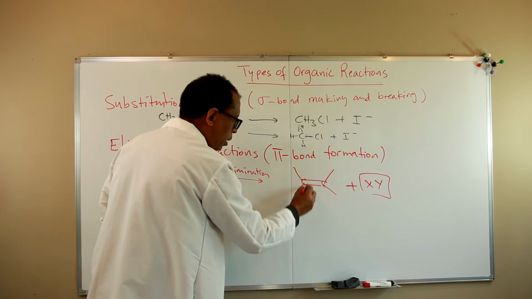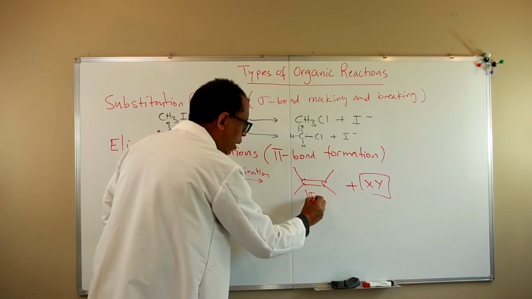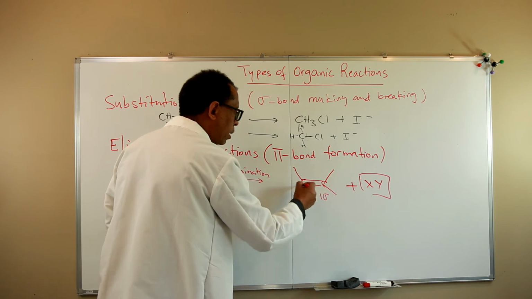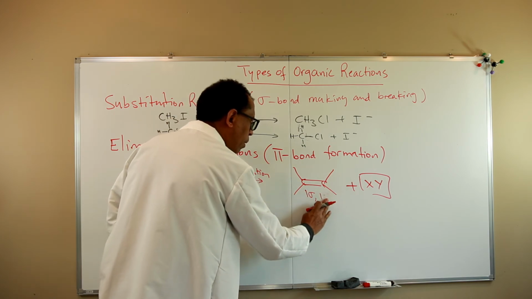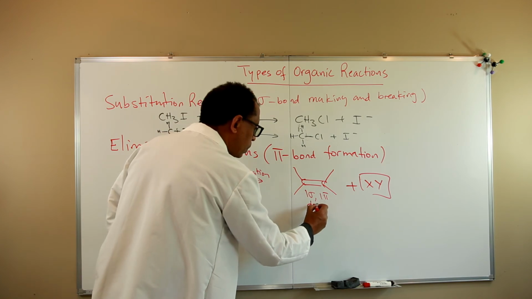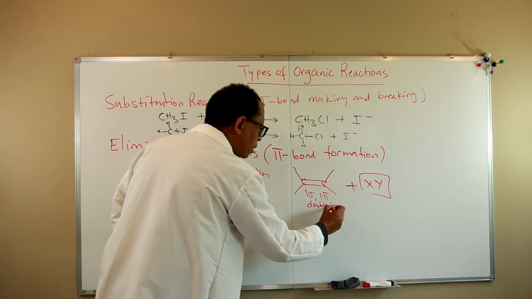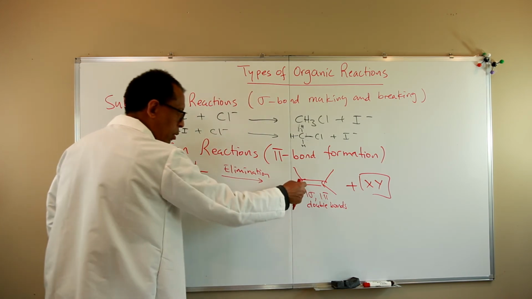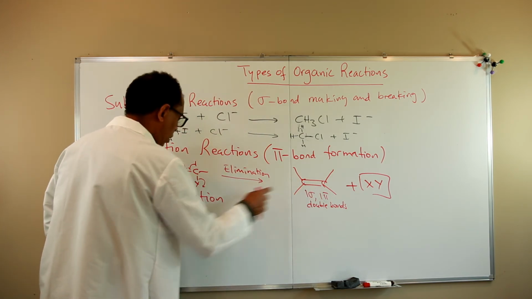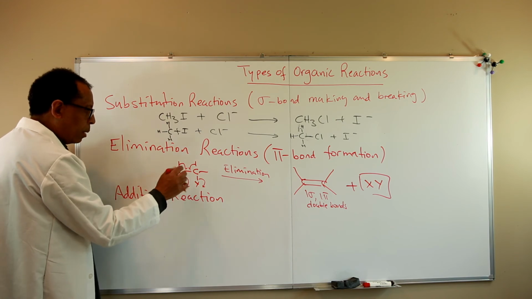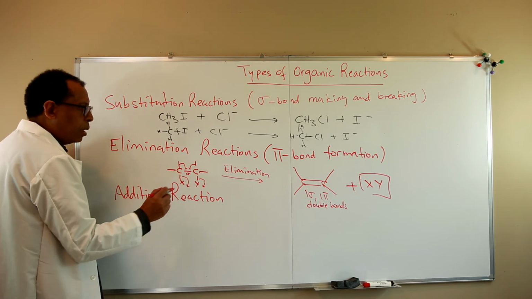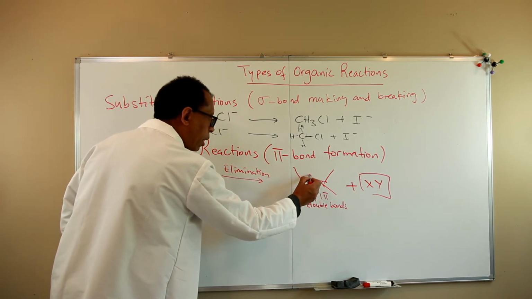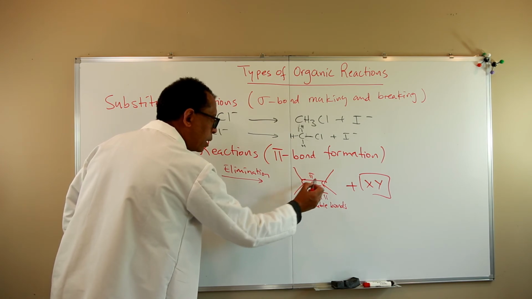So here you see one sigma and one pi bond making the double bond. Double bonds are the result of a pi bond. Across the carbon-carbon bond, which is an already existing sigma bond, you are now adding one more, a pi. This is the pi, and this is the sigma bond.